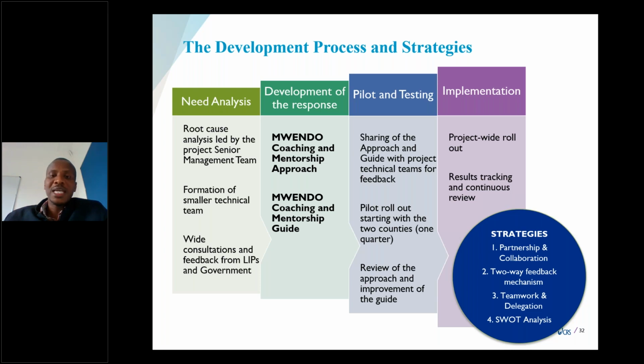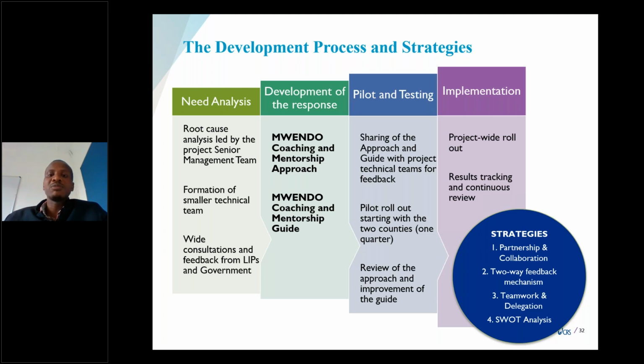We saw that there was tight and coordinated supervision in those counties, and therefore we had to roll it out to all the other 17 counties that we are working in. In a nutshell, the strategies that we used were partnership and collaboration, ensuring that we are bringing on board everyone, including the government, the local implementing partners, and then the two-way feedback mechanism, which is very important, from the people who are being assessed and mentored and the person who is mentoring.